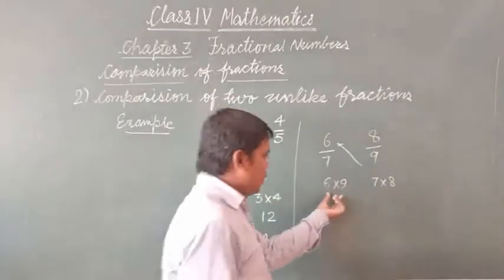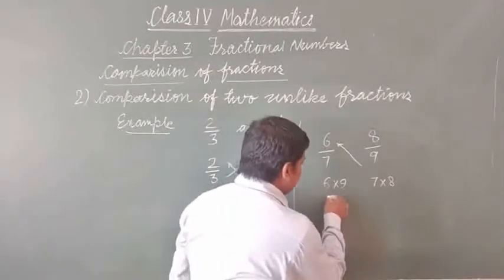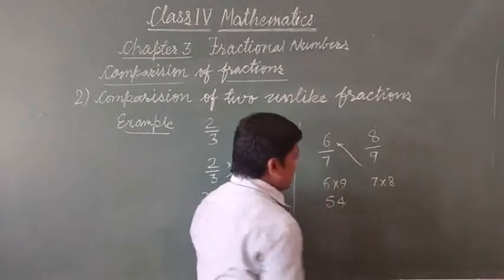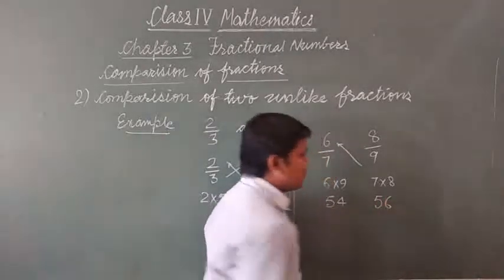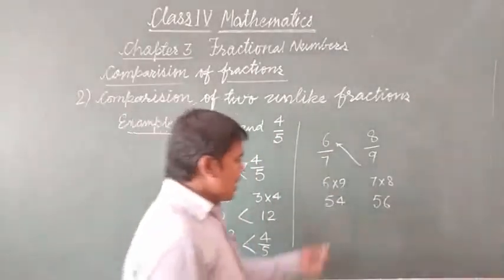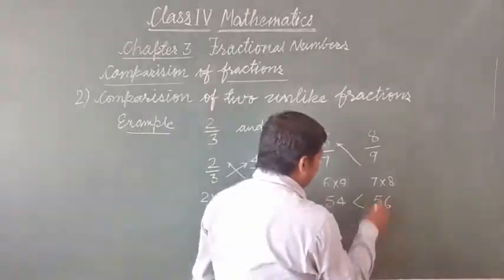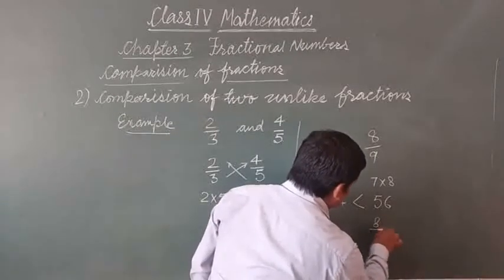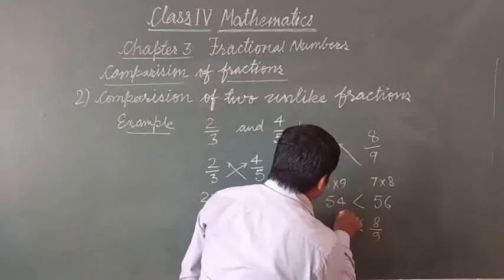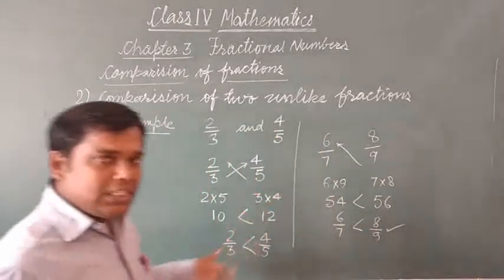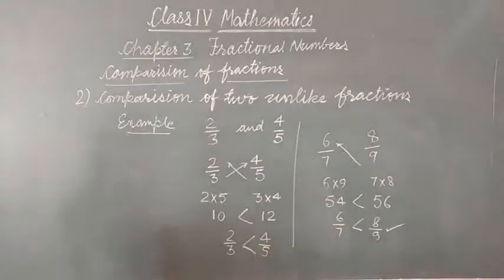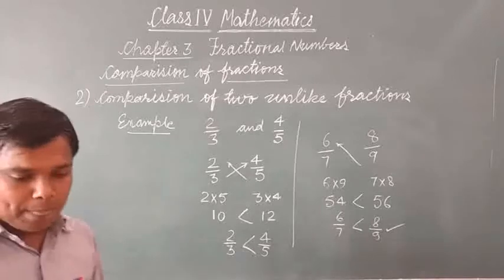The products are 6 9s are 54 and 7 8s are 56. 56 is greater than 54. So 8 by 9 will be greater than 6 by 7. Like this you can compare when you are given two unlike fractions.